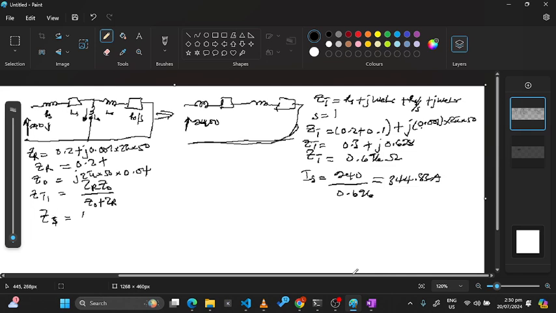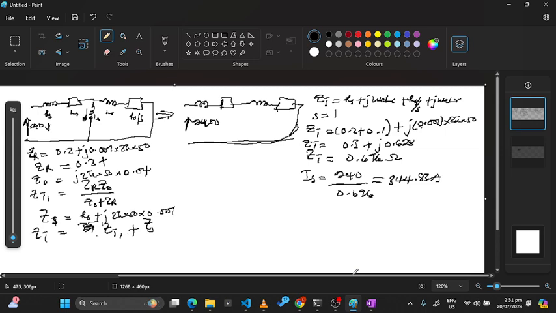Then the other part, let me call that one ZS. So ZS will be Rs plus j 2 pi times 50 times 0.001. So that's ZS. Then your total impedance ZT should be equal to ZT1 plus ZS.